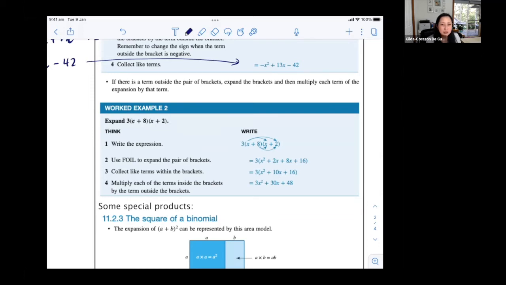Well, we already know how to multiply the binomials here. And then what we need to do is later on multiply by 3, whatever is the answer. Okay, just like what they did here, they used the FOIL method first to calculate x plus 8 times x plus 2, which they got as x squared plus 10x plus 16. And then they multiplied 3 to each of them, and they get 3x squared plus 30x plus 48.